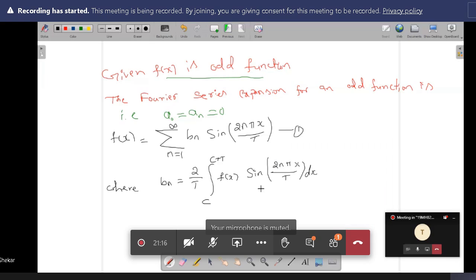Now just integrate this and we can easily get the required Fourier series expansion for the given function.